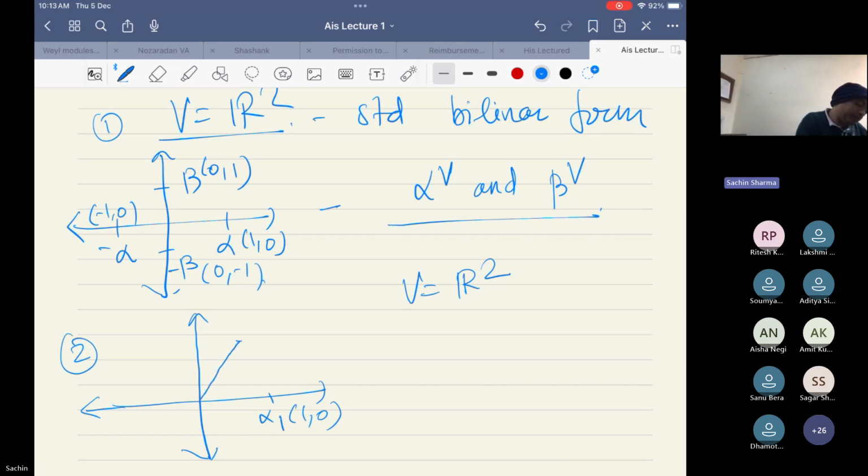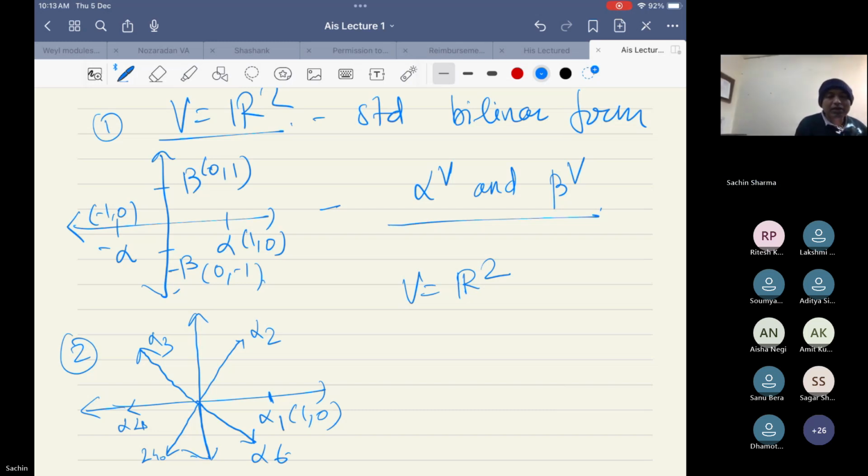A unit vector, alpha 2, 120, alpha 3, 180, okay, 240, okay. So there are 6 things.